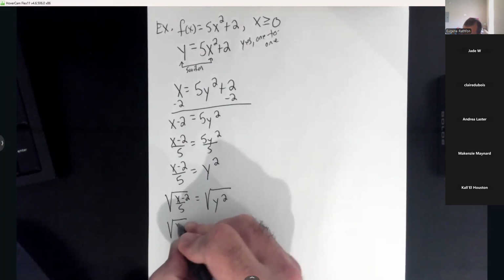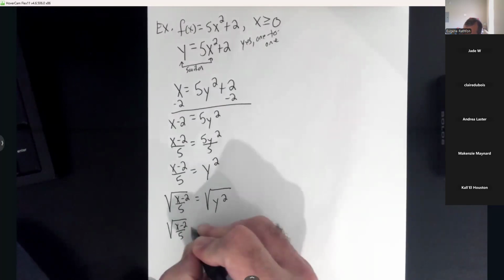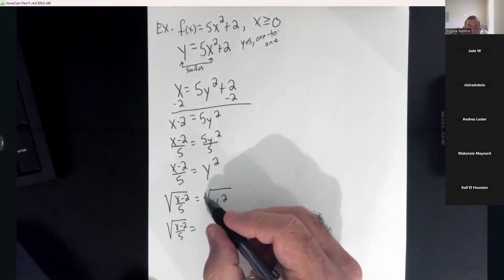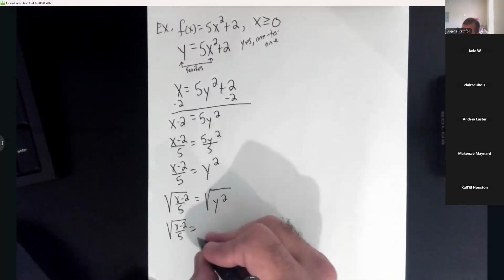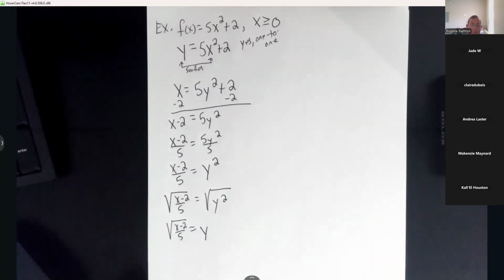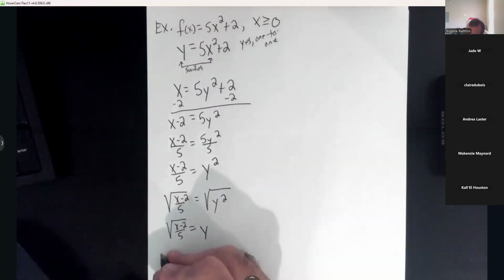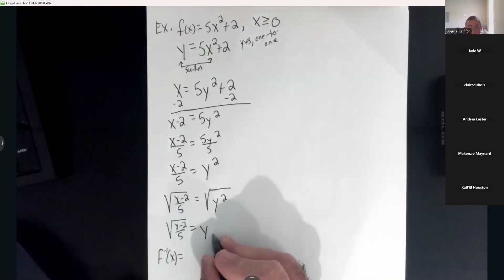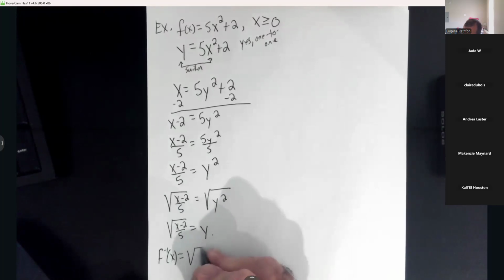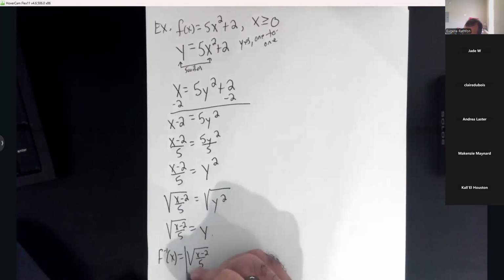So that's going to stay a square root of x minus 2 over 5. But over here, the square root cancels the exponent, making that a y. And just like before, my last step is to use my f inverse of x notation for the y and put in my x minus 2 over 5.